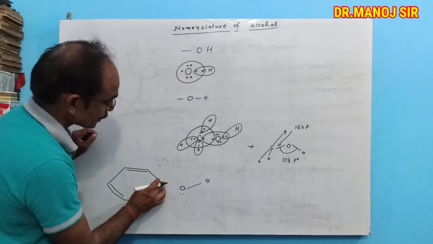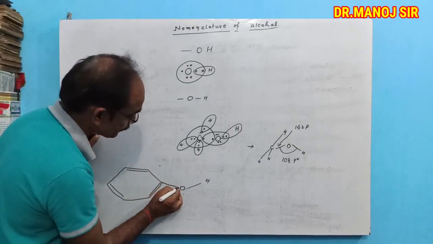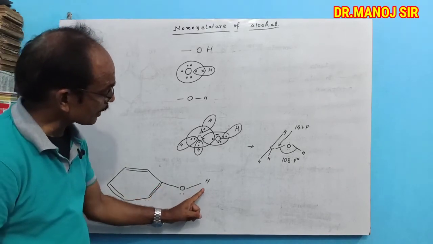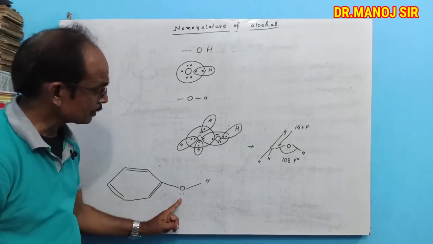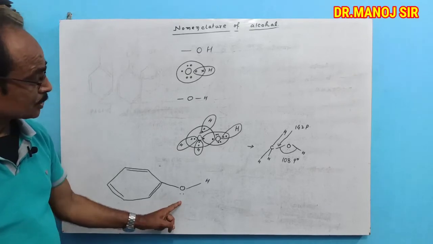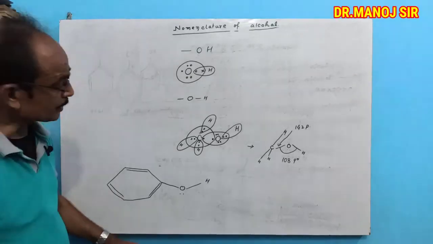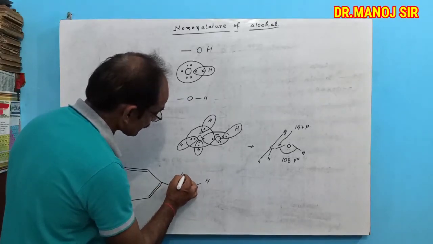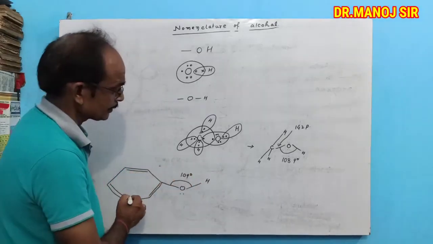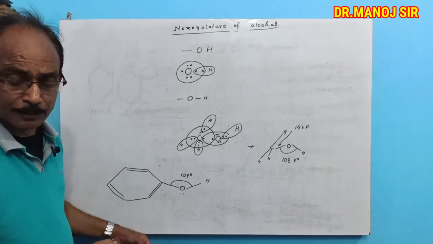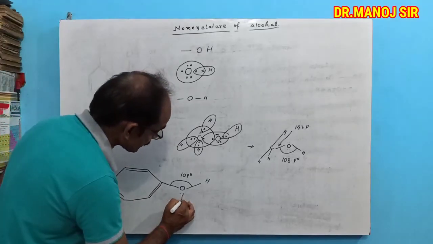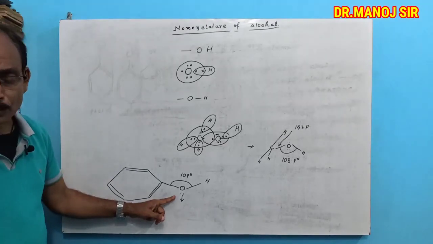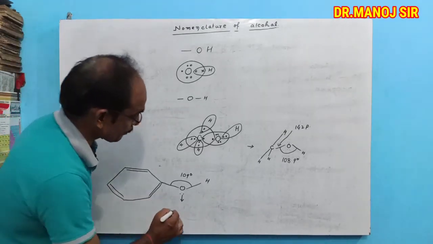Therefore, the bonding between the benzene and hydrogen with the oxygen orbitals is at an angle of 109 degrees, but their bond length is 136 pm.